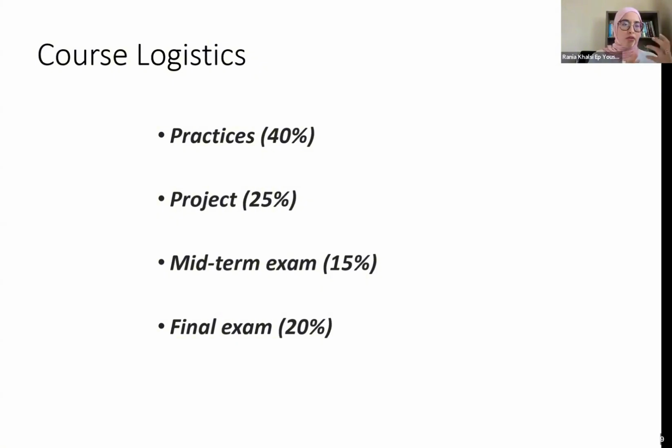There are also lots of things that we're introducing in this class, and we will learn those with practice and exercises, assignments, and so on. In addition, we're going to have two exams, one midterm exam counting 15% and one final exam, 20%, with 40% for practices and 25% for the project. This is a total of 100.